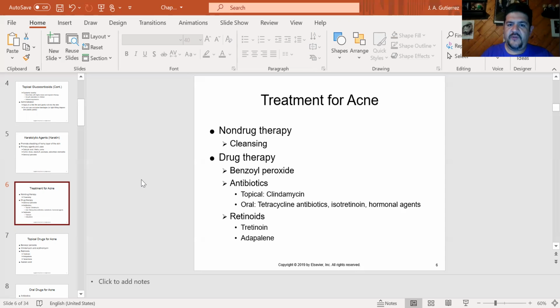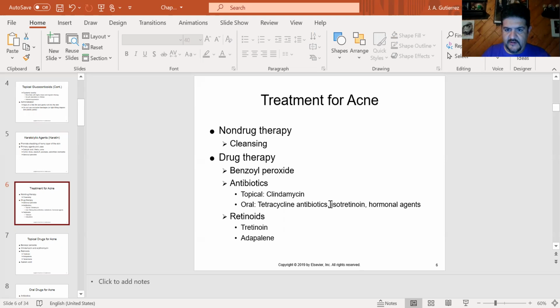Again, we'll start with benzoyl peroxide, very common, sold in pharmacies OTC. In severe cases of acne, the patient will go to a dermatologist, and the dermatologist will provide antibiotics, clindamycin and tetracyclines being the most common ones.